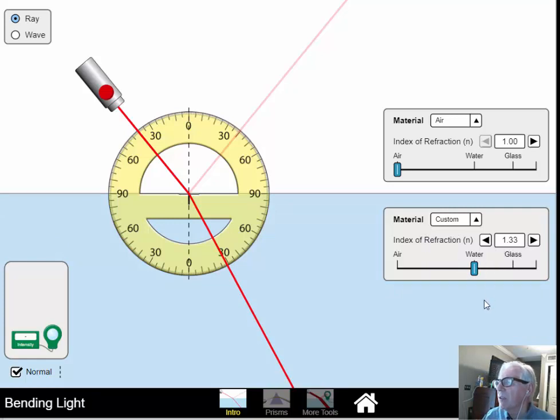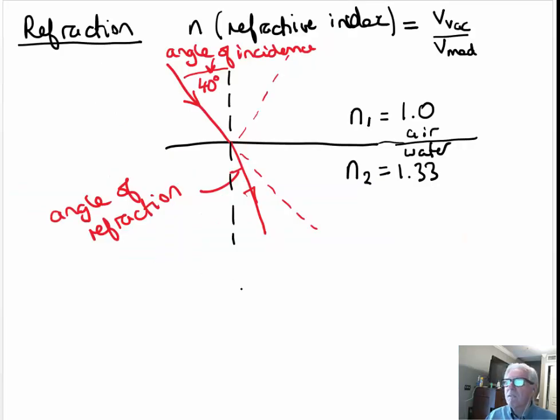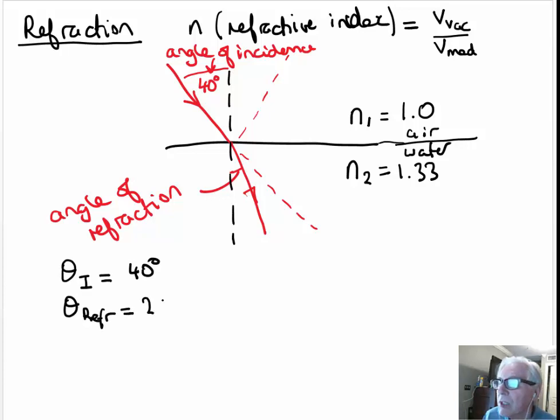My angle of incidence is 40, and my angle of refraction is, I'd say, 28 degrees. So incident is equal to 40 degrees. Refraction is equal to 28 degrees.